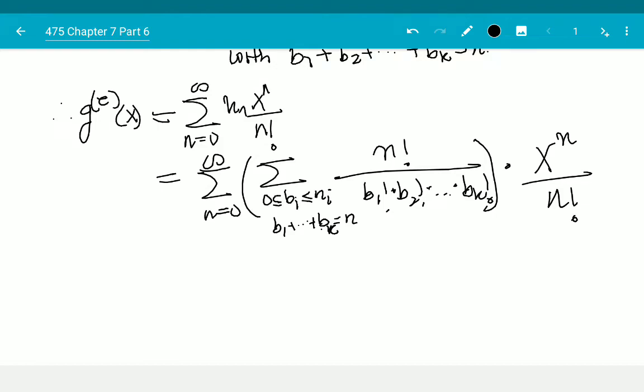Once again, technically this is a finite sum, okay? Because if my n is more than n1 plus n2 plus n3 plus dot dot dot nk, then the sum is 0, right? So I can do this. I can cancel these, and I have this summation.